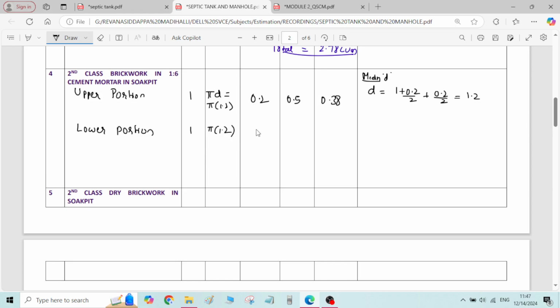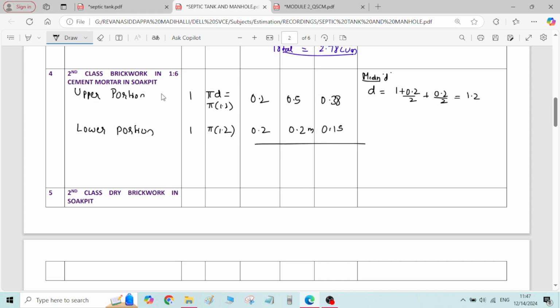Thickness of the wall is the same, 0.2 meter. Only the height changes, that is 0.2 meter. Or else you can add the heights, 0.7, and get the final answer directly. But it is better to calculate individually for the upper portion and lower portion. The answer is 0.15.